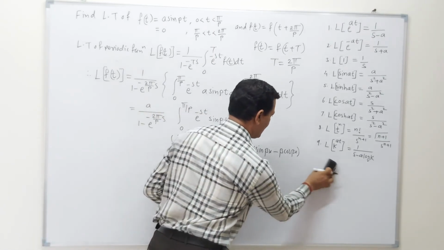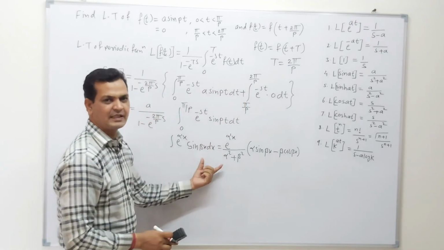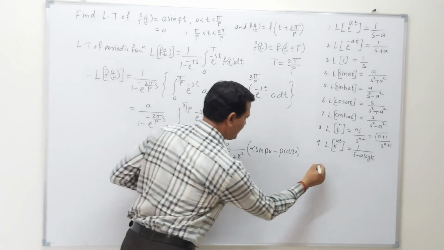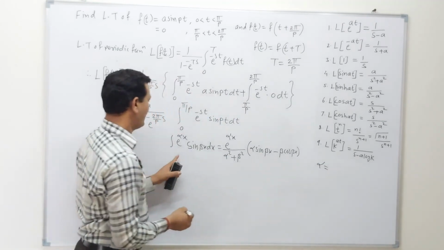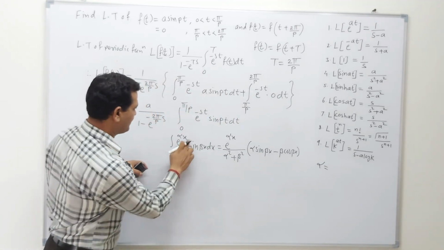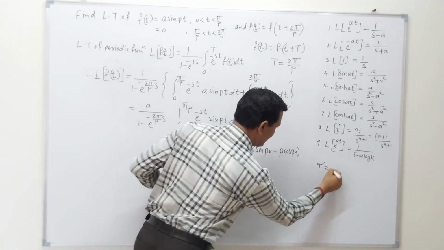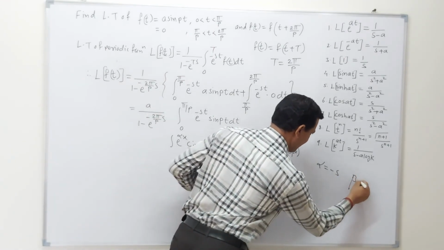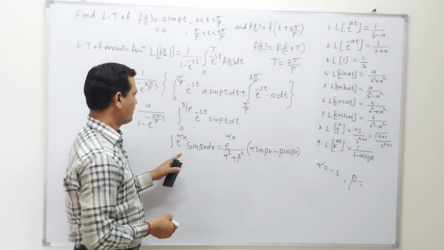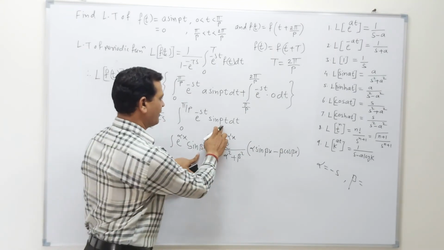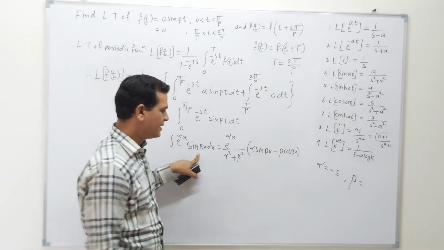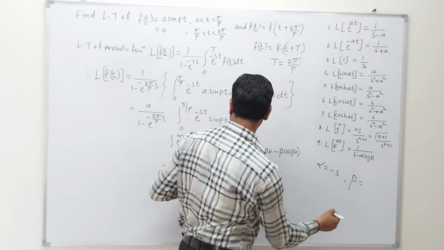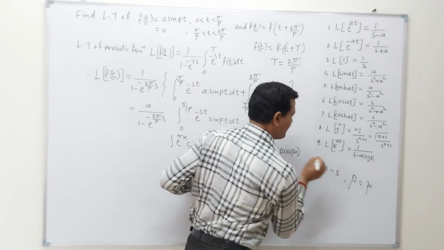If we try to solve this integration with the help of this rule, then after comparing this term and this term, we get the value of α as minus s. And comparing sine pt and sine βt, we get the value of β as p. Right?